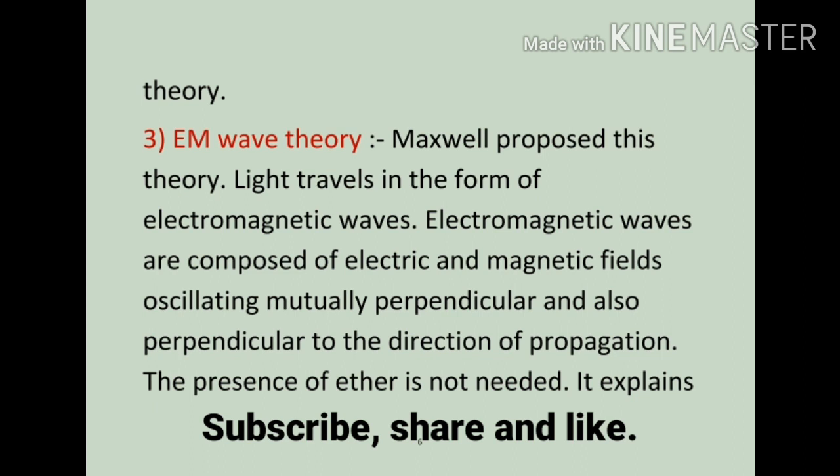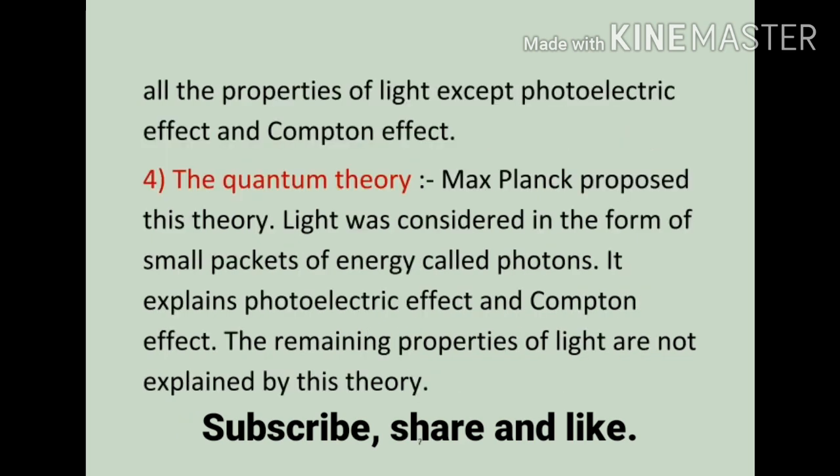These electromagnetic waves are composed of electric and magnetic fields oscillating mutually perpendicular and also perpendicular to the direction of propagation. The presence of ether is not needed. It explains all the properties of light except the photoelectric effect and Compton effect.